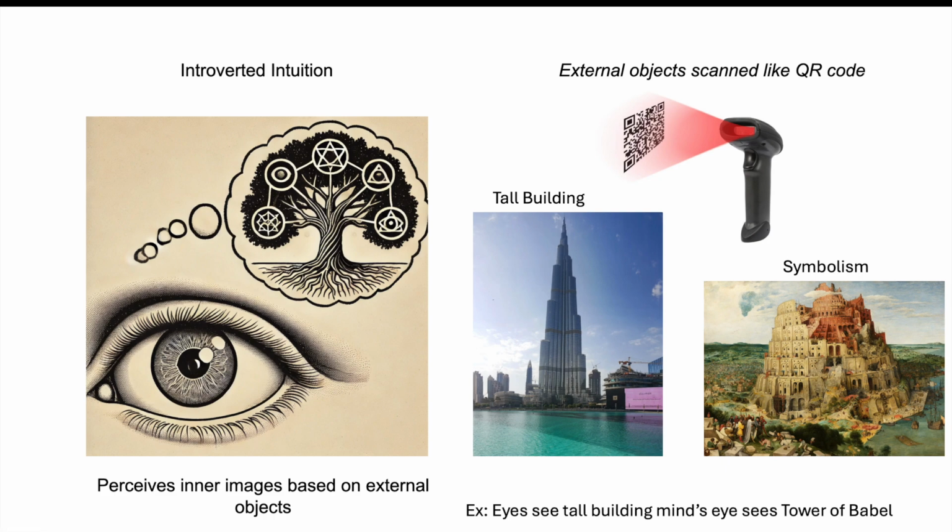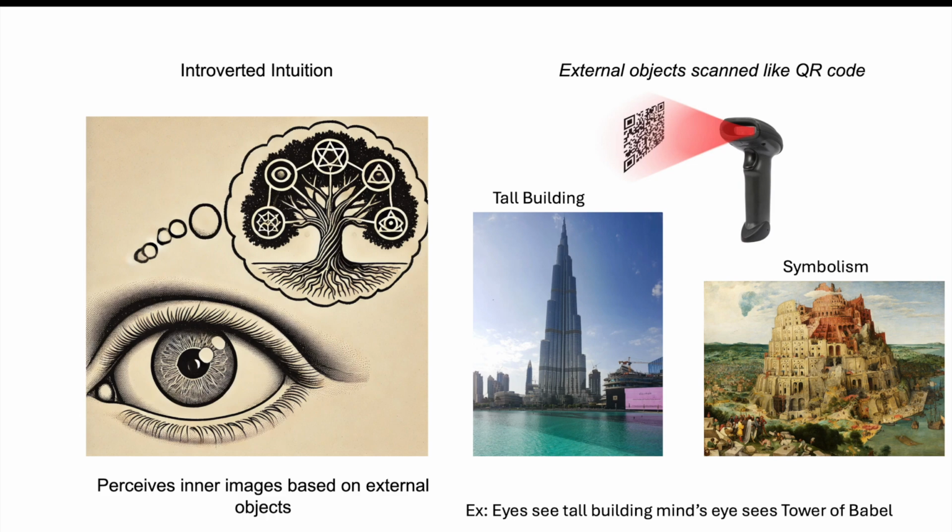Your inferior extroverted sensation might just be like, okay, it's a tall building. This is what it looks like from a superiority complex of introverted intuition. It's like, okay, this is a tall building. Now, keep aside that this is one of the most impressive feats of human engineering. Doesn't matter. It's a tall building.